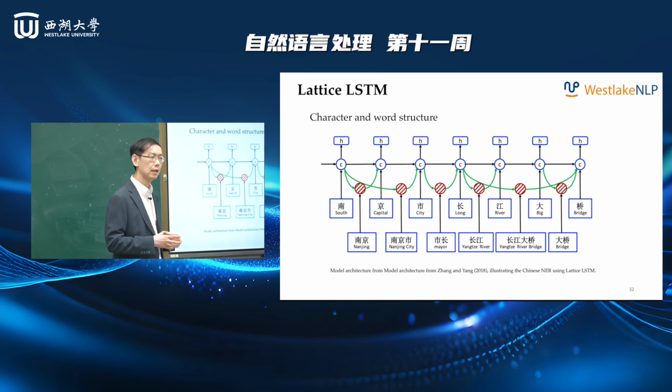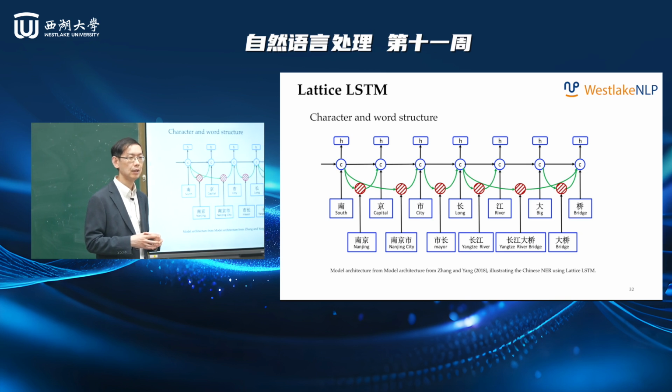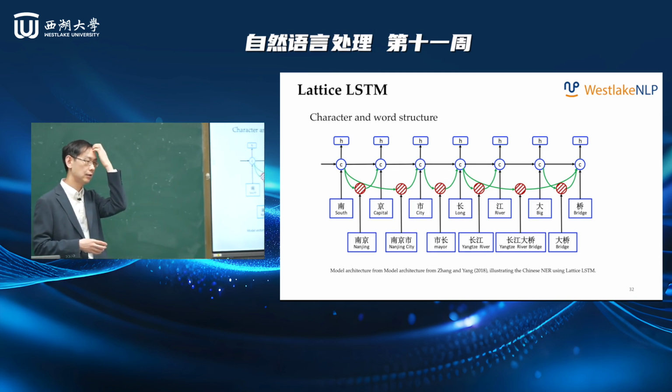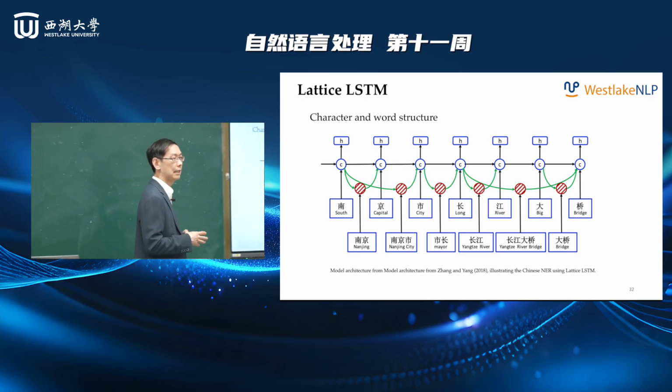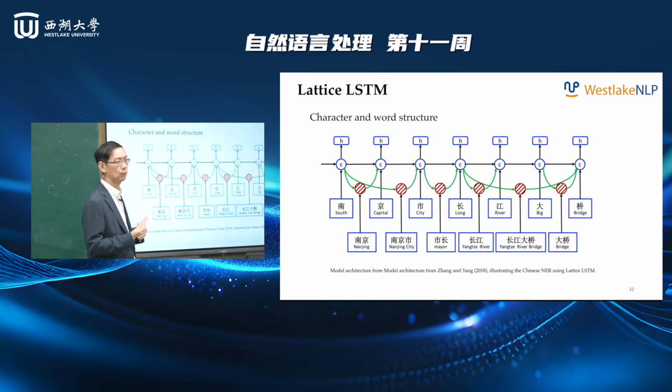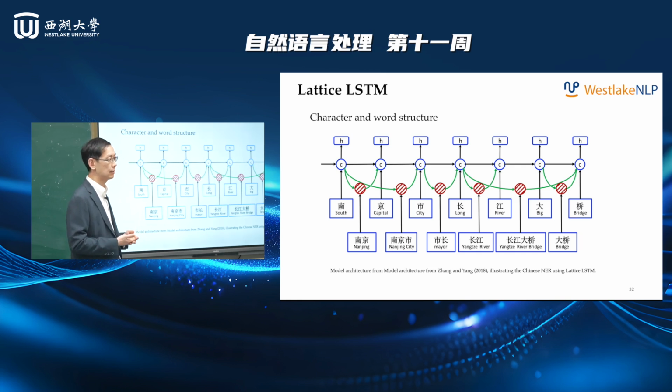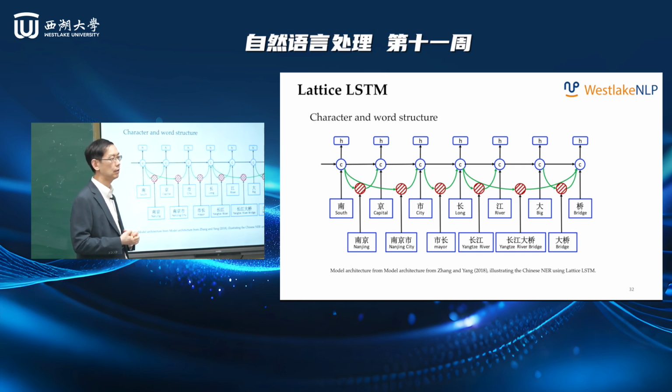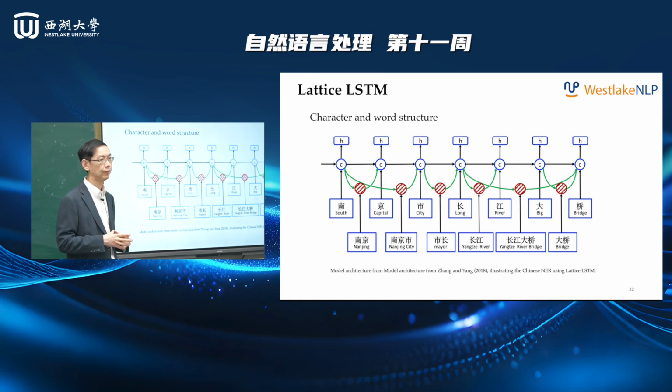Then word information can be implicitly learned, just as part of speech information can be implicitly learned in a set of word representations. Okay? But as I discussed earlier, this kind of implicit word information cannot be interpreted, and they might not be the words that you want. Okay? Then how do I strike a compromise between character-based Chinese sentence representation and word-based Chinese sentence representation?